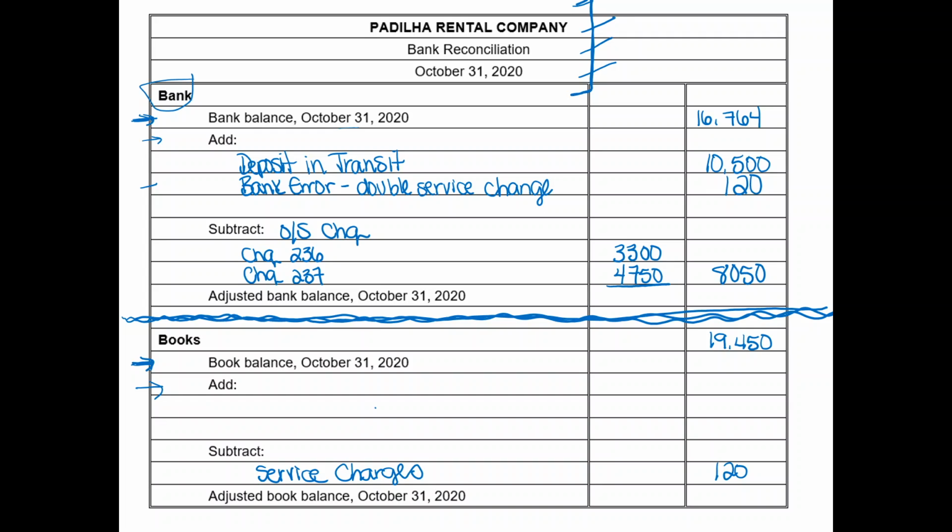Because we actually got that, we need to record it. So we'll add interest revenue. And it was a beautiful $4 that we received. Oops, I just noticed I had this in the wrong line too.